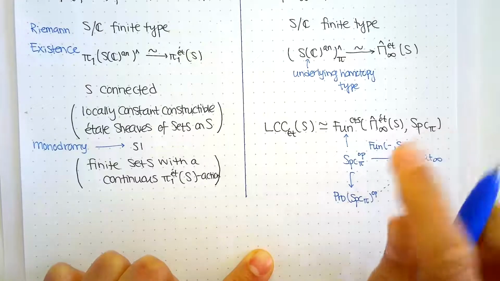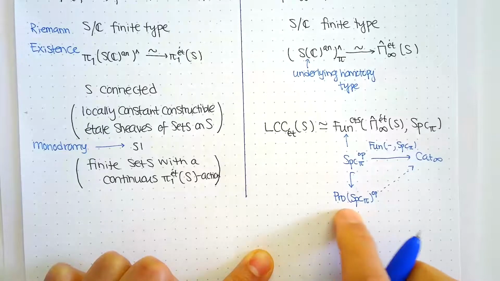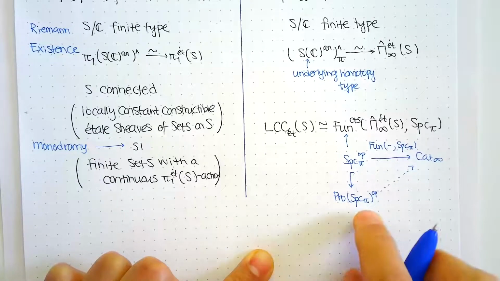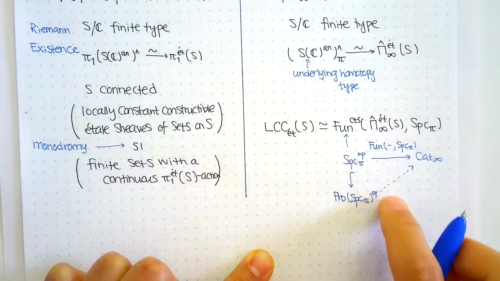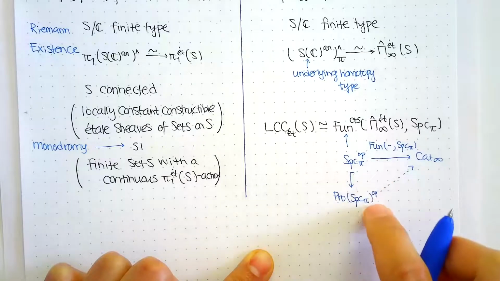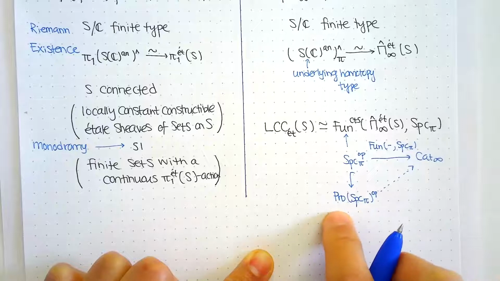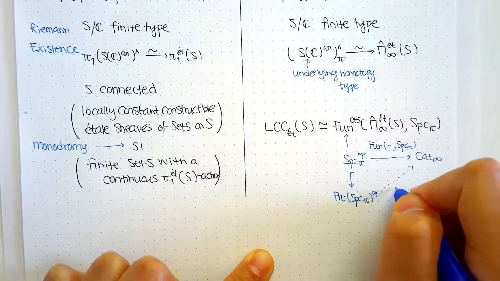So remember, the category of pro objects in some category is obtained by universally adjoining all co-filtered limits. So it's sort of dual to ind objects. So you want to extend this in the unique way that, since I put ops everywhere, it should send co-filtered limits here to filtered colimits in categories.